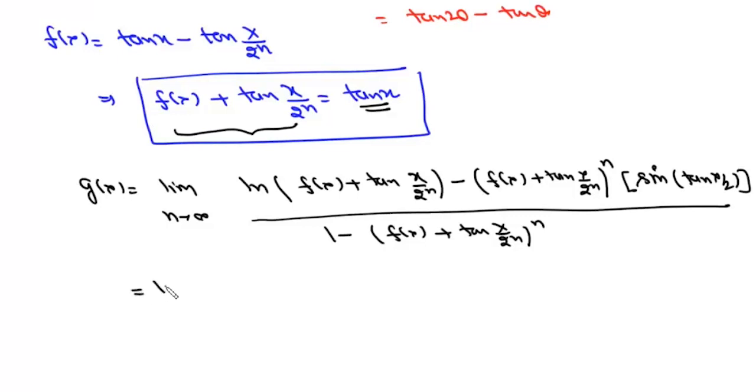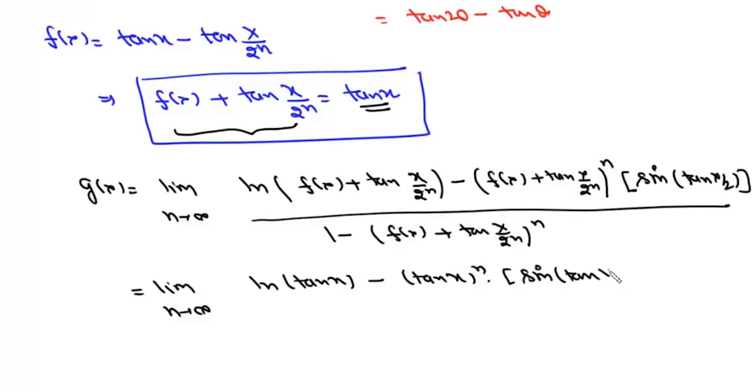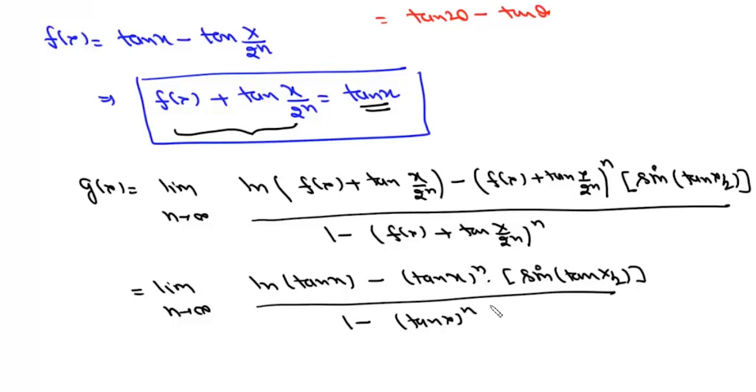So it will be this limit n tends to infinity, log tan x minus (tan x) to the power n into greatest integer function of sin(tan(x/2)) upon 1 minus (tan x) to the power n, when x is unequal to pi by 4, and g(x) is equal to k at pi by 4.